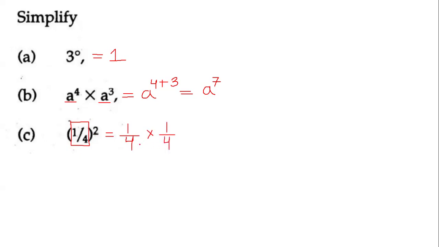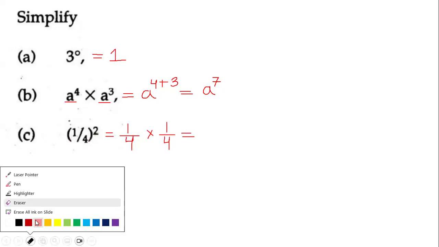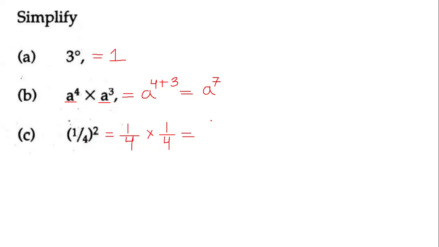So we have 1/4 multiplied by 1/4, which equals what? 1 over 16.